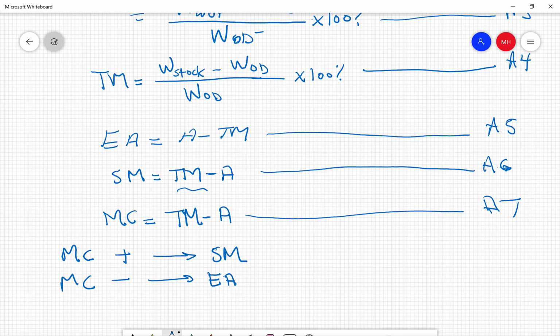And again, this is the presentation based on the OD state of moisture. The one we presented before, which I think is the more common, is based on the saturated surface dry.